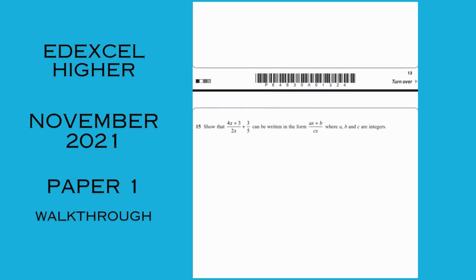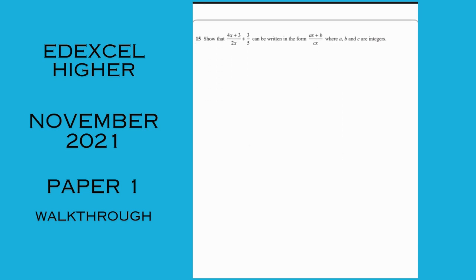Number 15, algebraic fractions. You can go for any, but the lowest common multiple of 2x and 5 is 10x. So you can already see that unless it cancels down, the denominator is 10x. On the left-hand side, we've had to times by 5, so we multiply the numerator by 5.